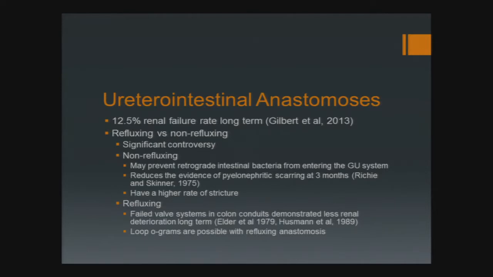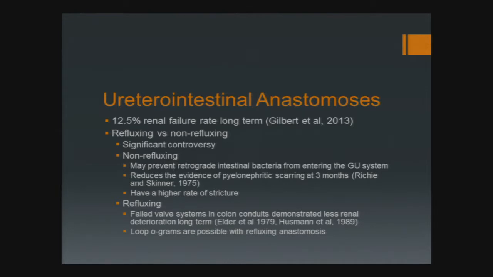So they had one refluxing and one non-refluxing anastomosis in this study, and the renal function on the side that had the failed valve was actually better long-term, suggesting that a refluxing anastomosis may be a better long-term surgery.